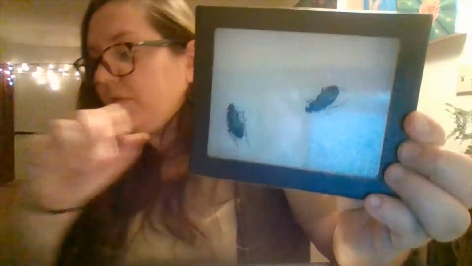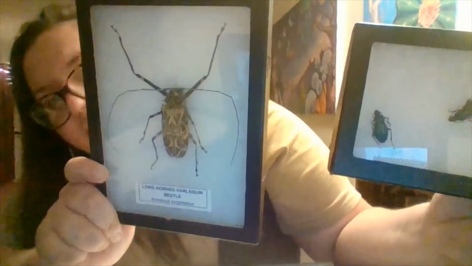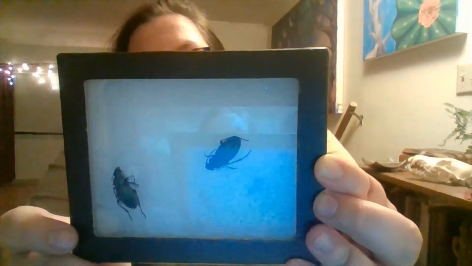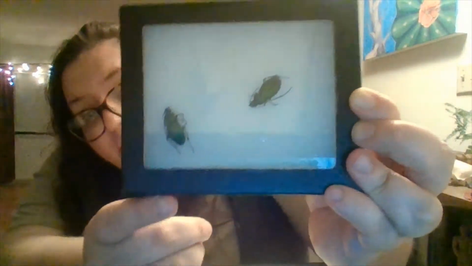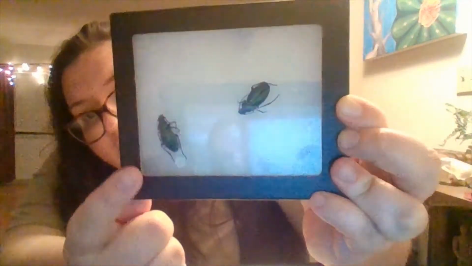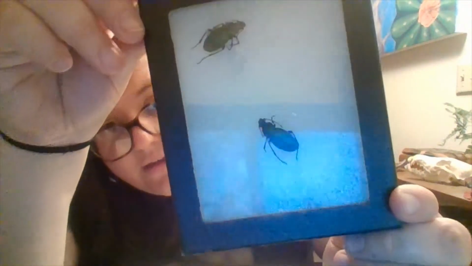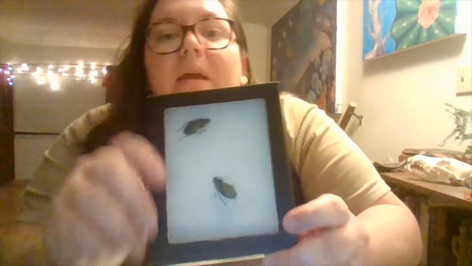So for example, most beetles, like the beetles I showed you guys, have wings. So this is a fiery searcher beetle. These were actually collected locally. These were collected in Fairfield. It's kind of hard to see on the camera. They're this very pretty bright iridescent green, and they have this hard covering.